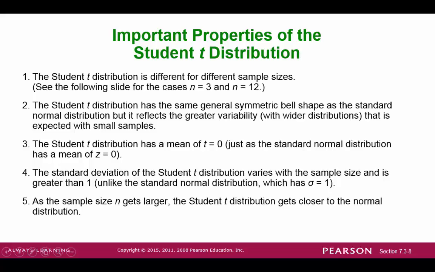It has a mean of 0, and the standard deviation is a little bit different. Another important property is that as the n, or the degrees of freedom, gets larger, the student t distribution begins to approach the normal distribution.